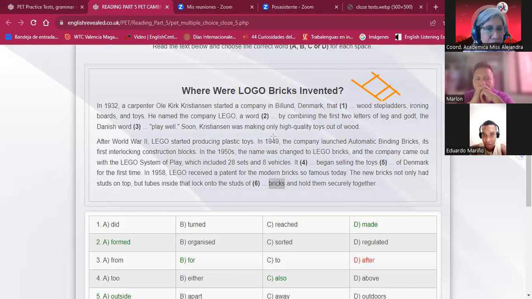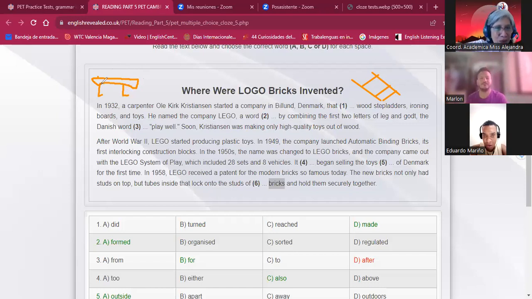Ironing boards and toys. You know ironing boards? I don't know. Las planchas, las tablas, ¿no? This object that people have in their houses for ironing the clothes.